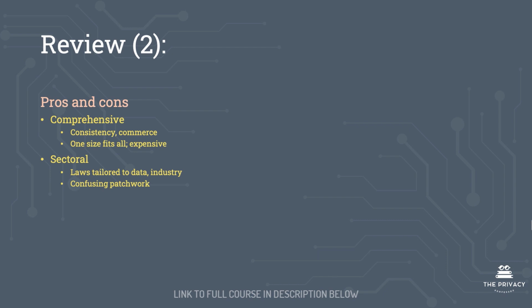The cons include that the comprehensive model takes a one-size-fits-all approach and can be very expensive for businesses. With regards to the sectoral model, we discussed that the laws are tailored to the data and to the industry, which is an advantage, but a downfall is that it's a confusing patchwork of laws, which can be very difficult for companies to navigate if they don't have the right advisors.